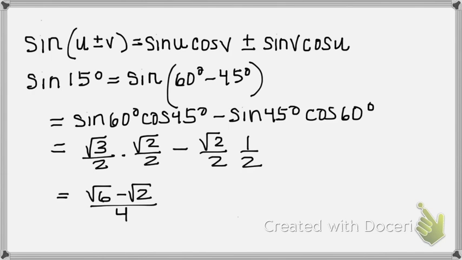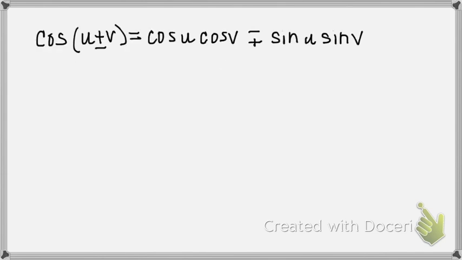Okay, let's look at another one. Getting back to cosine. Say I want to know what's the cosine of 7 pi over 12. Again, that's not an angle I know.